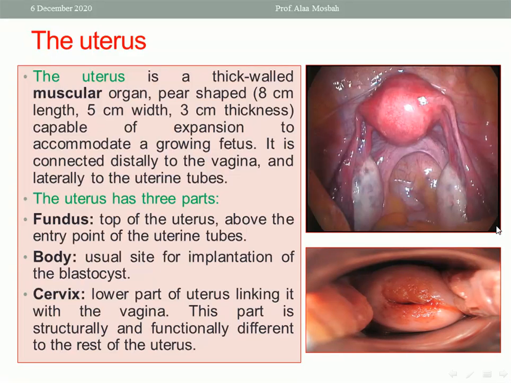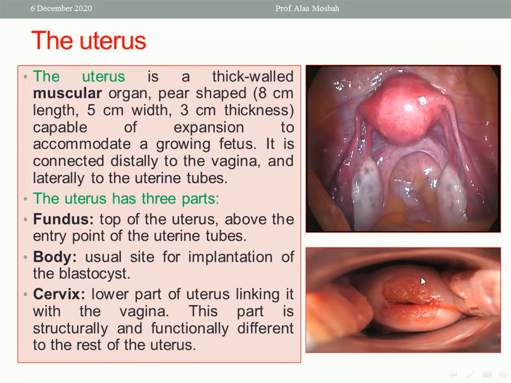The uterus has three parts, as you see in the picture. This is the fundus, the top of the uterus, above the entry point of the uterine tubes. And this is the body, the usual site for implantation of the blastocyst. The cervix is the lower part, as you see in this picture from the speculum examination.